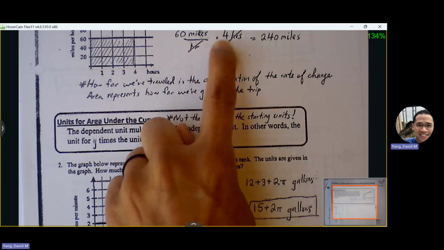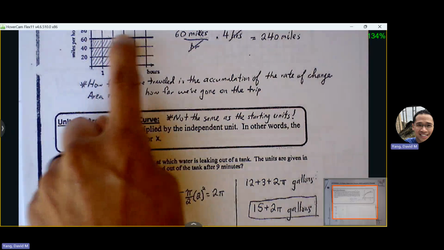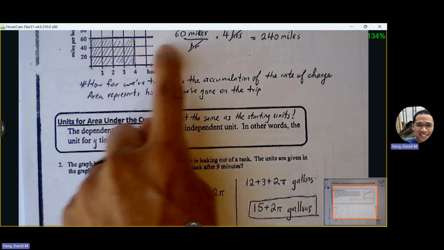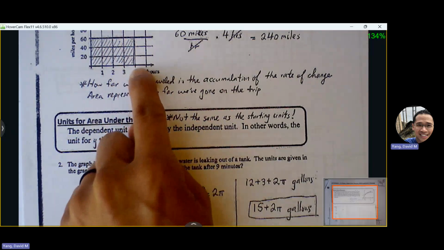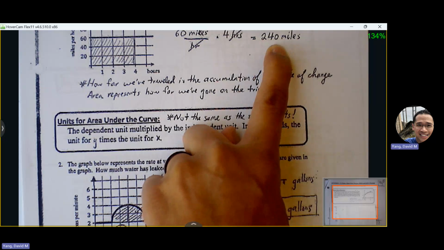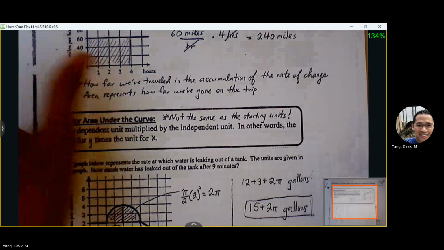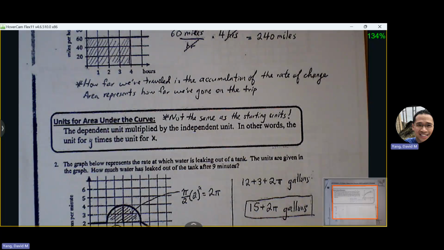Miles per hour is going to turn into miles, because I'm multiplying this unit by this unit. So 60 miles per hour times 4 hours will give me miles. Just like how if we found the derivative or slope, we're always changing our rate, dividing by something. But now if we're undoing that process, we're going to be multiplying by something and our units will undo themselves.